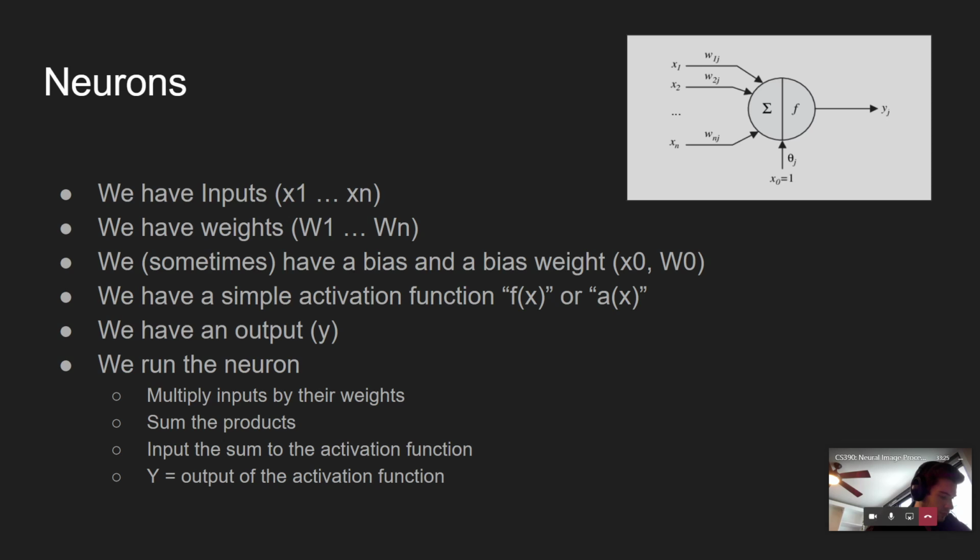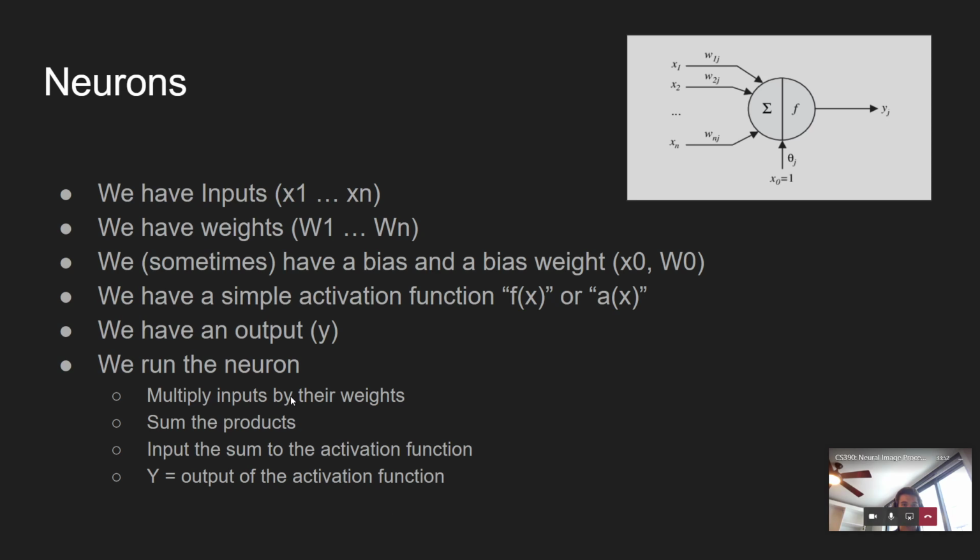Now, this is the formula, the algorithm, the Krabby Patty secret formula for running our forward pass. We multiply our inputs by the weights. So we take every single one of these x's and multiply it by its corresponding w. We sum all of those together.